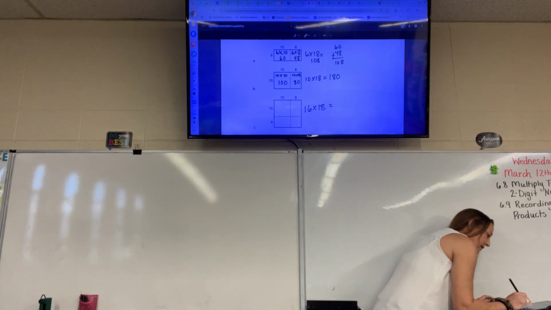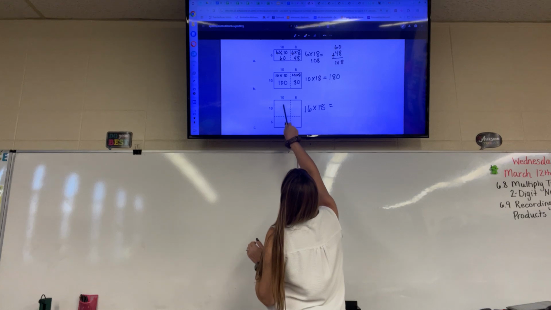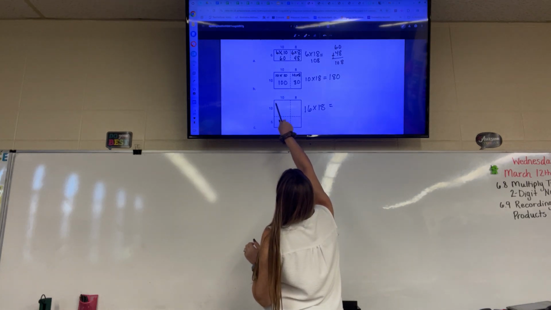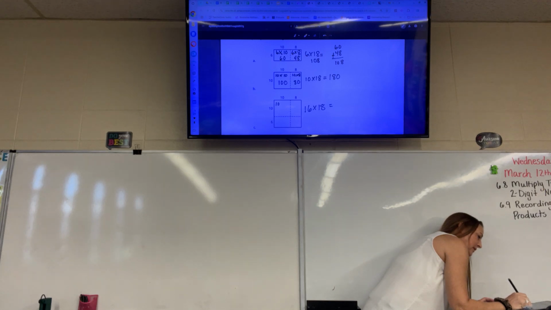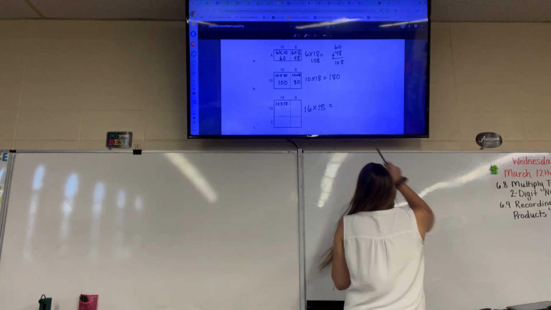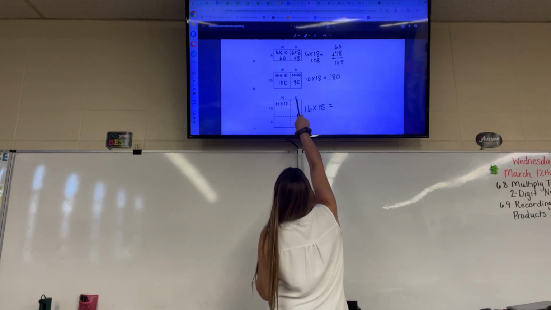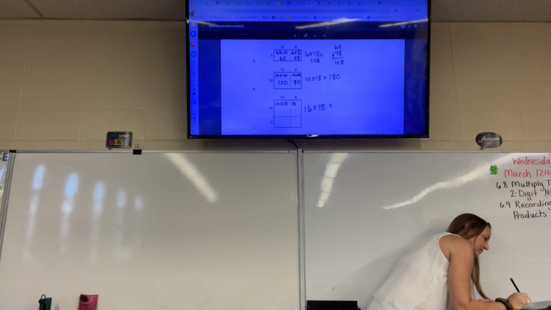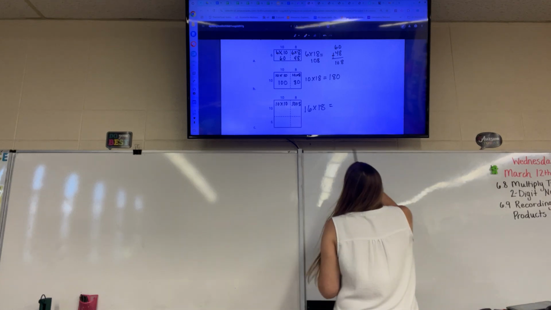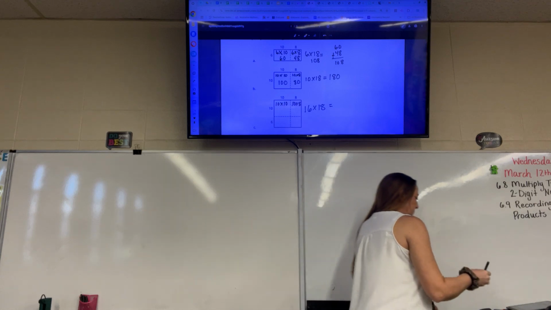the first box, if we look to the left, we have 10 on top. So 10 times 10. In the second box, we have 10 times 8. In the third box, 6 times 10.